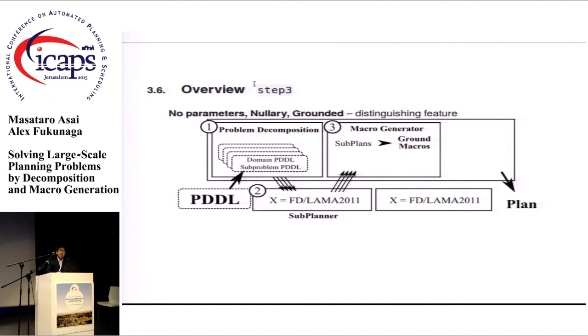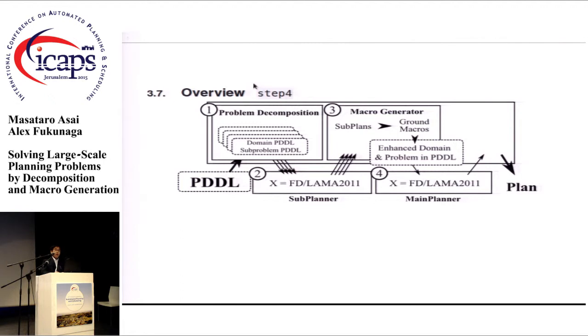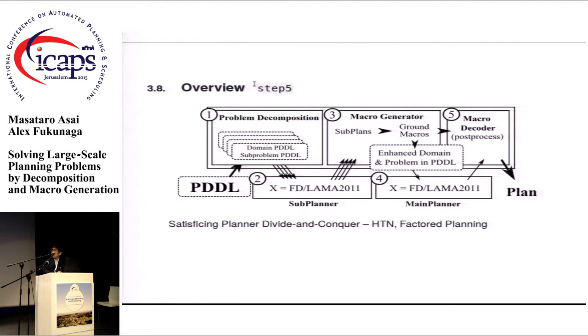This is a distinguishing feature compared to previous macro-based systems. These macros are added to the domain definition, and the original problem is solved by the underlying planner in step 4. In the final step, the macros are decoded to obtain a final plan.